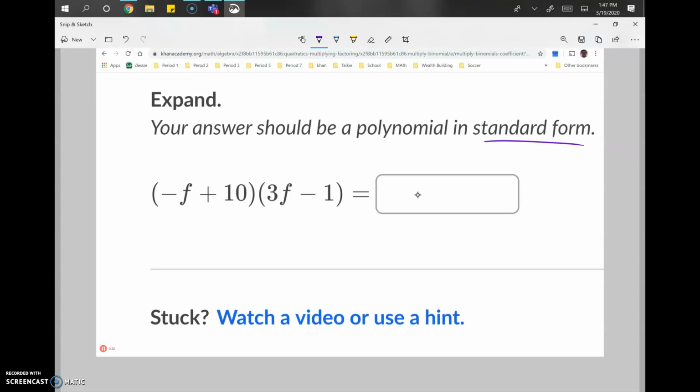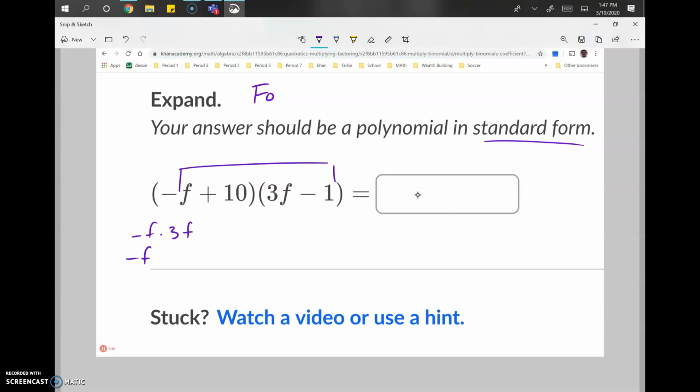I'm going to go ahead and just set up the box because I feel like the box is probably the easiest way for me to multiply this stuff. Nah, I'm just going to do the four combinations. First combination, firsts. So we got negative f times 3f. Then we've got the outers. So we got negative f times negative 1.